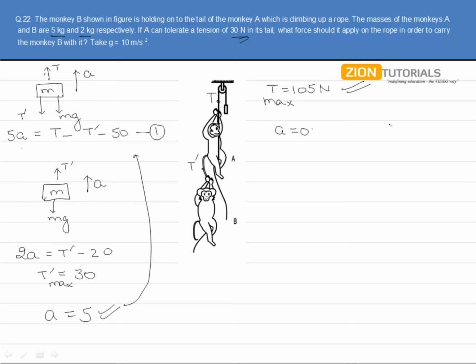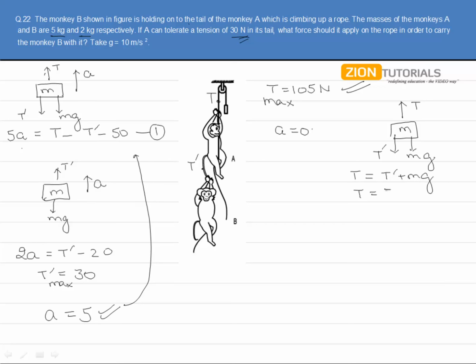If we make the free body diagram in that case, we have M, the mass of monkey A, tension T in the upward direction, T dash in the downward direction, and mg force in the downward direction, giving the relation T equals T dash plus mg because forces must be balanced.